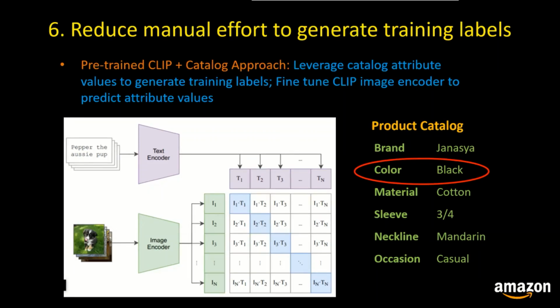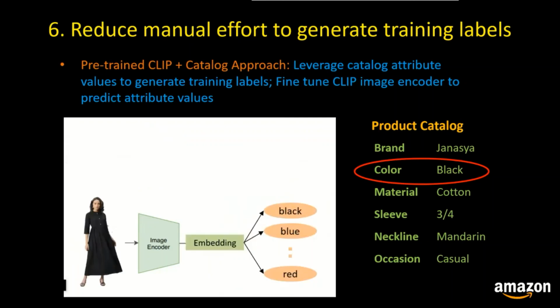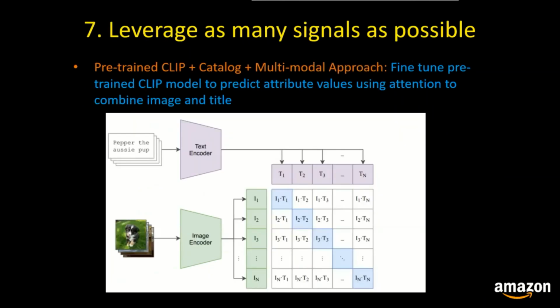Next slide. Even though these catalog labels are not particularly accurate compared to manual annotations, what we found was that by fine-tuning CLIP using these catalog labels, we were able to increase the recall at 90% precision from 53.4% to 63.4%.